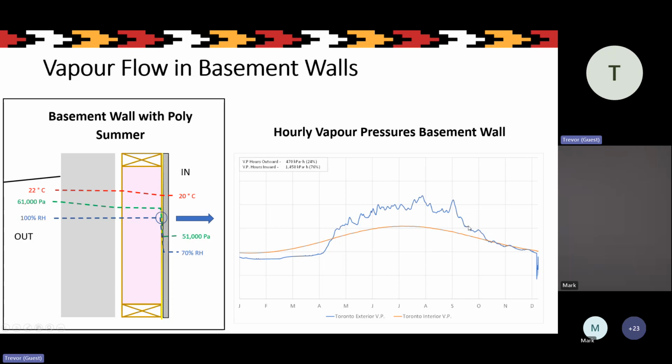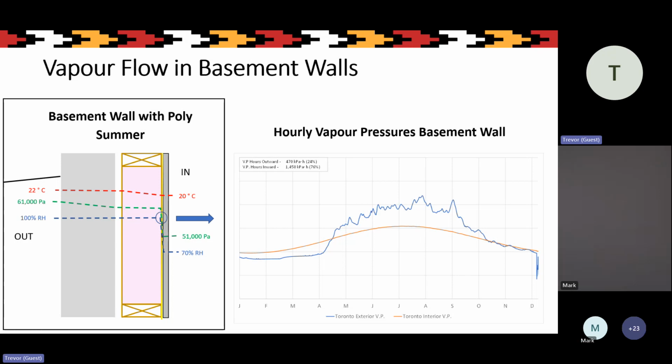So that's a lot of time where vapor flow is trying to go from outside to inside. And if this condition is occurring through a significant amount of that, we could get a lot of moisture buildup in this stud wall that's inside of our foundation wall.